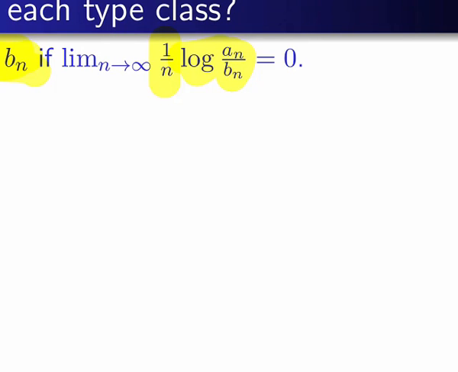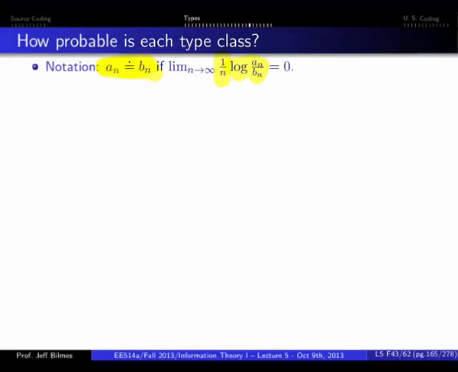So in other words, the difference between a_n and b_n doesn't really matter when n gets big. And a_n and b_n are sequences. And we take the log of the ratio and divide by n. The log of the ratio grows slower than n. So much slower that eventually it goes to 0. So that's what a_n is equal to b_n means.